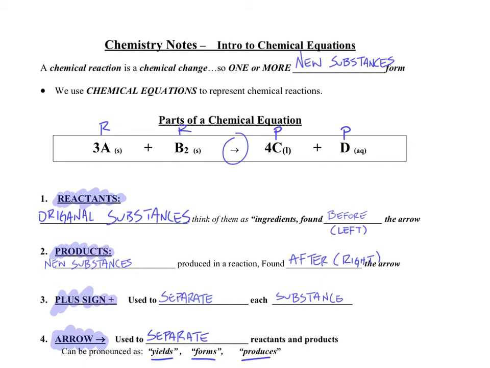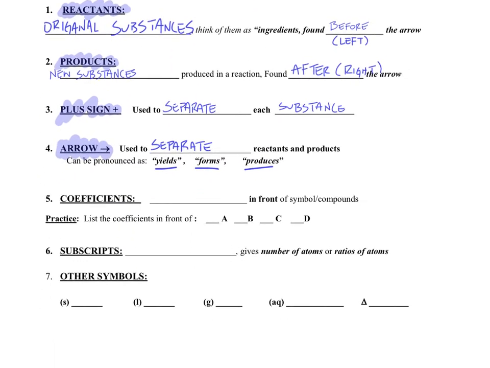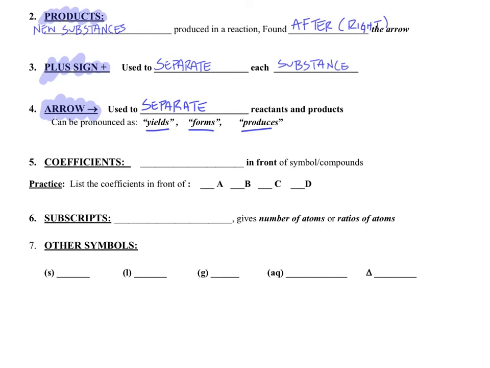So we could read this equation: A plus B yields C plus D. Or 3A plus B produces 4C plus D. Something along those lines. All right, the coefficients.